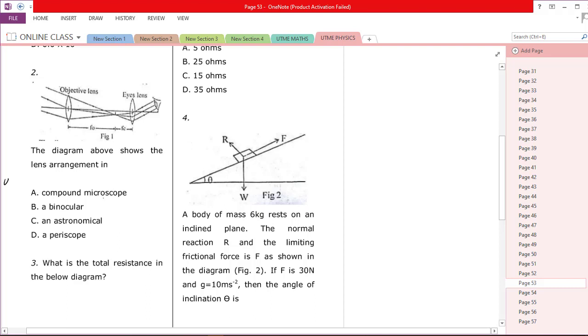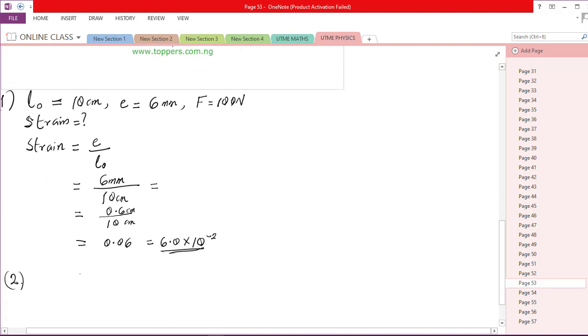Compound, they will arrange it, they can interweave. Binocular, we have 3 lenses like that. While periscope, we use only plane mirror for it. So the answer here for number 2 is astronomical telescope. Is that okay?